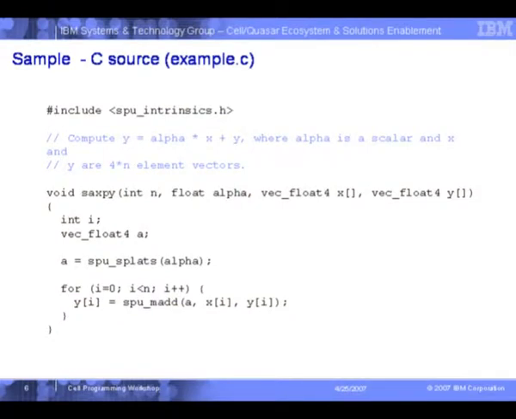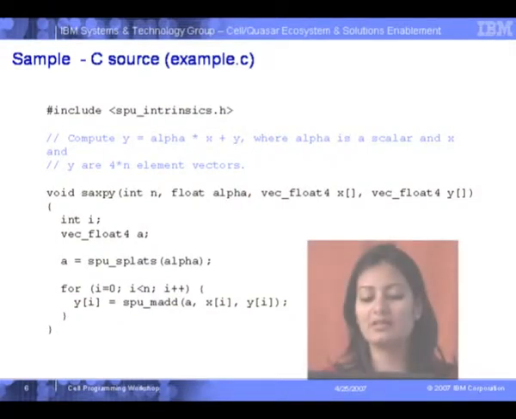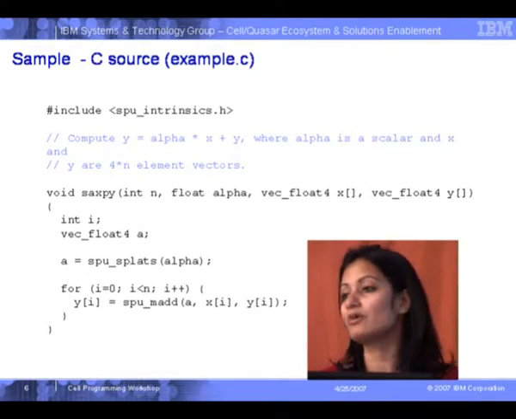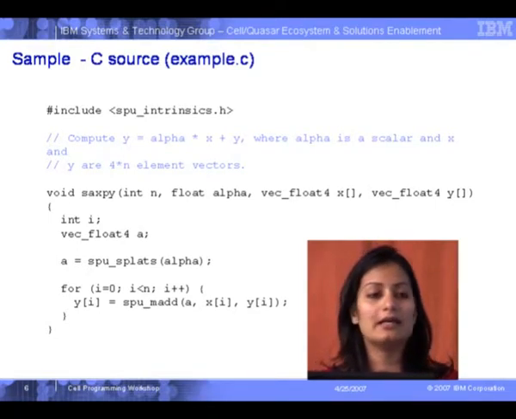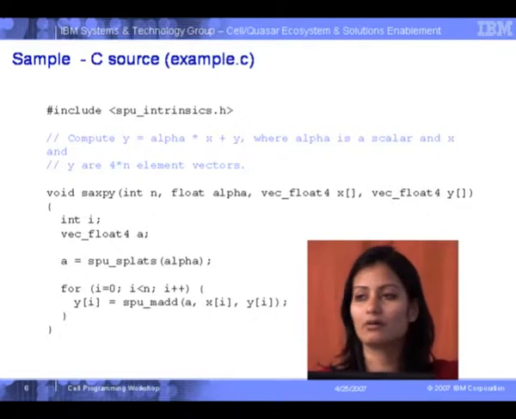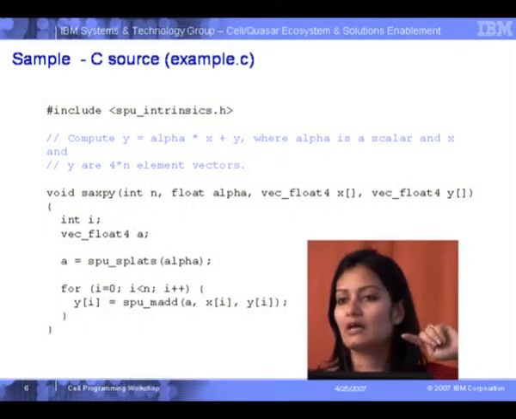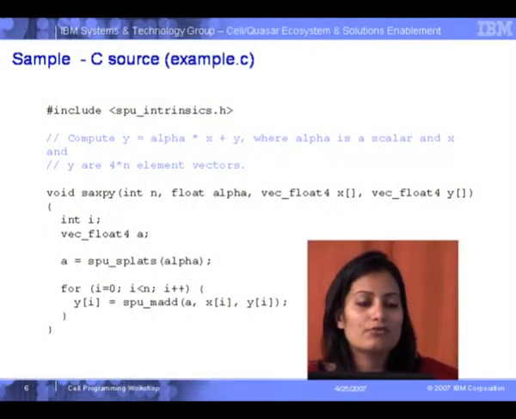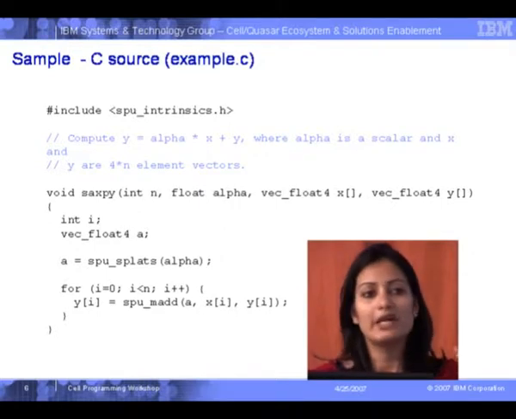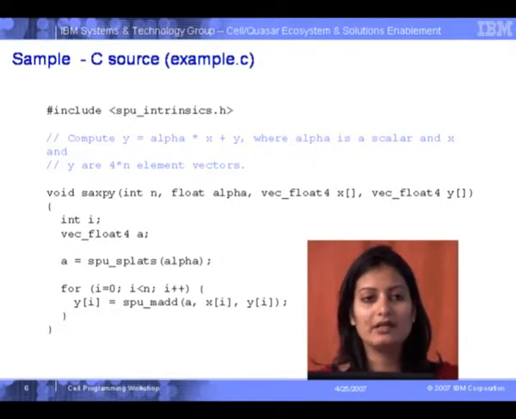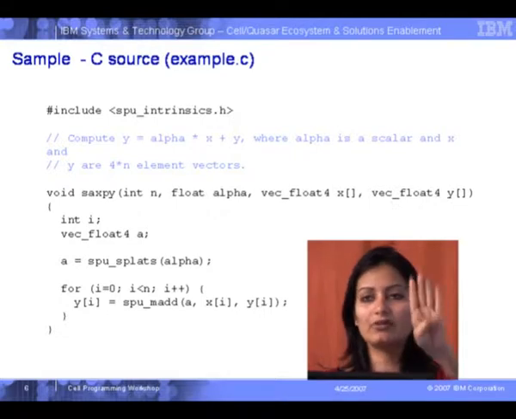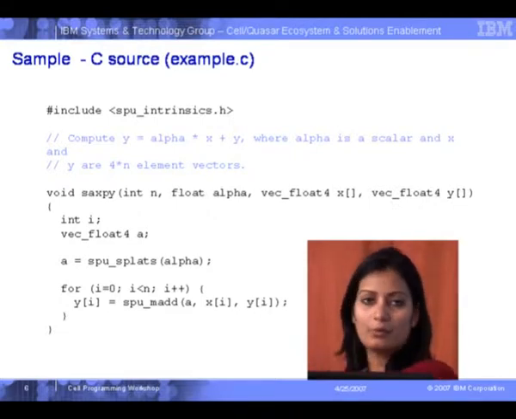Alpha is a float variable, and vector A will have 4 floating point values. So spu_splats will take the scalar value alpha, say 4.5, and put 4.5, 4.5, 4.5, and 4.5 inside vector A. So there will be 4 values replicated across the whole vector.